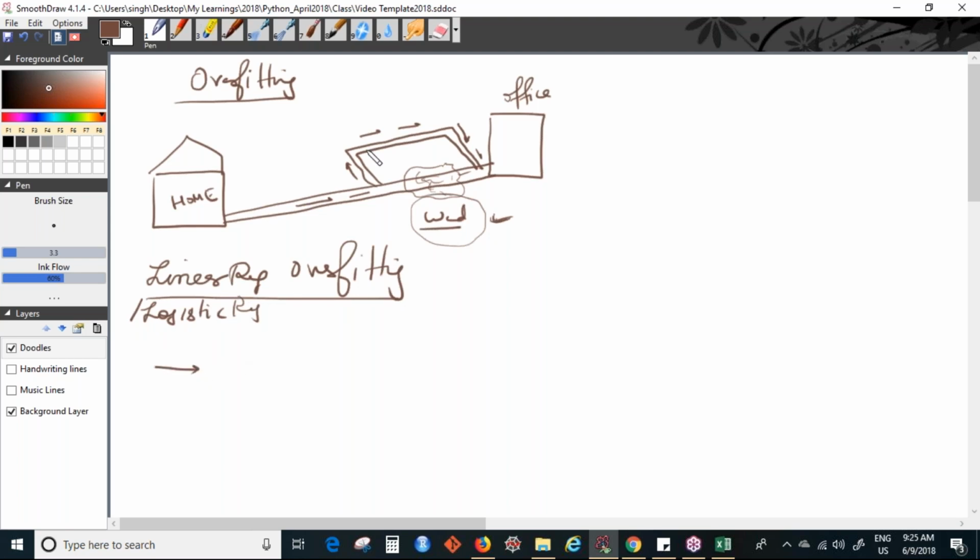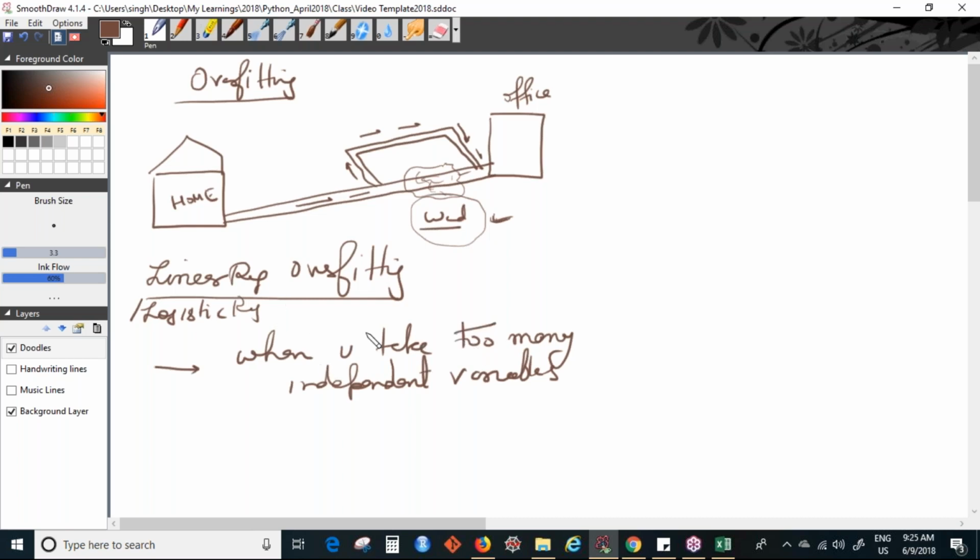You saw the example already: it happens when you take too many independent variables. So you take variables which are not required.